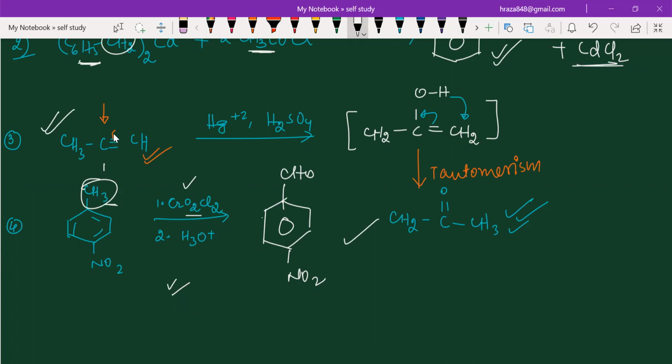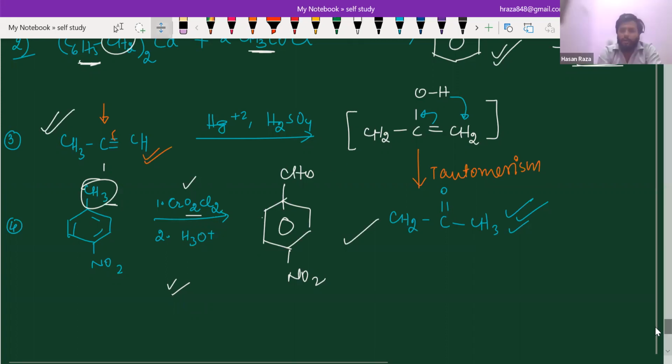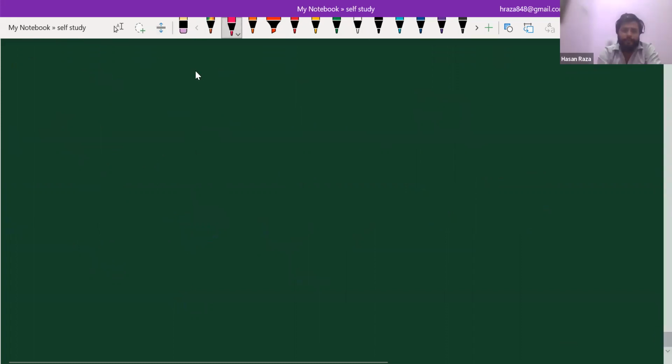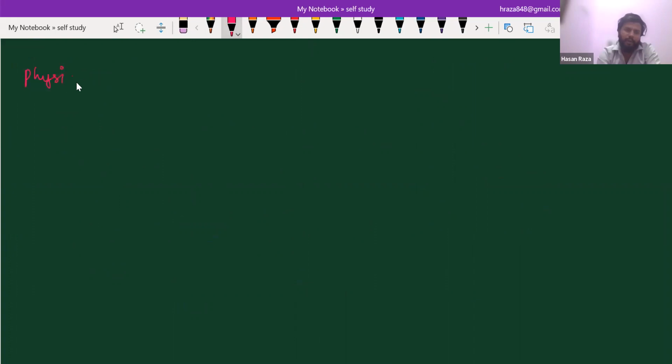Okay. Now we are going to discuss the physical properties of aldehydes and ketones. First, we are going to talk about the physical form of some of the compounds. Methanal is a gas at room temperature.